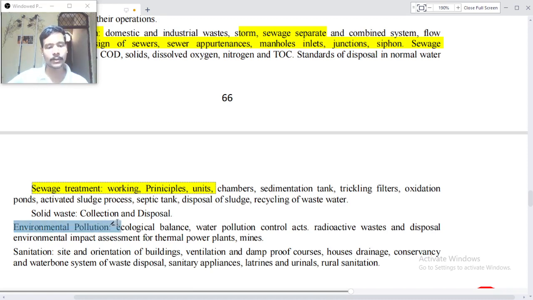Environmental pollution, ecological balance, Water Pollution Control Act, radioactive waste and disposal, environmental impact assessment for thermal power plants, mines, sanitation, sites and orientation of buildings, ventilation and damp proofing process, damp proof courses, houses, drainage, conservancy and waterborne systems of waste disposal, sanitary appliances, latrines and urinals, rural sanitation.